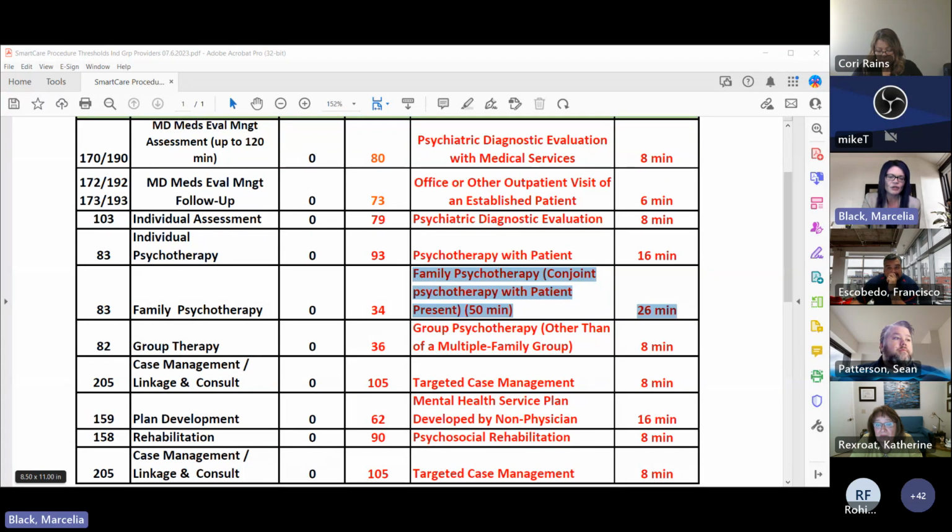Did that help answer your question, Rohina? I'm a little confused because I thought the G2212 was only 15-minute increments, but I think I'm hearing you, Kathy, say that it could be a prolonged code regardless of the duration, so that it could also be the 50-minute or the 26-minute one for something that's not 50 minutes.